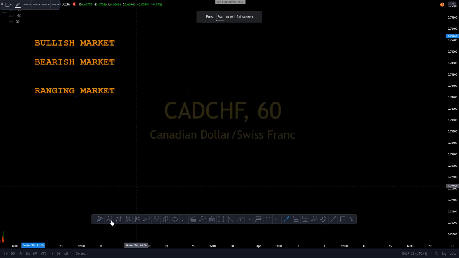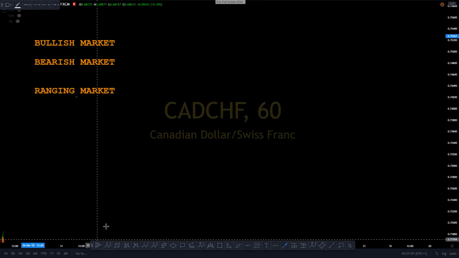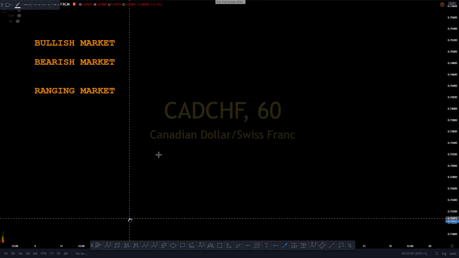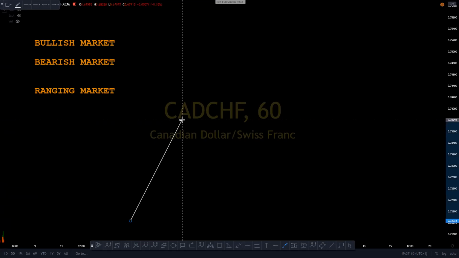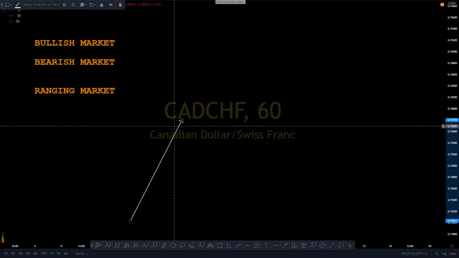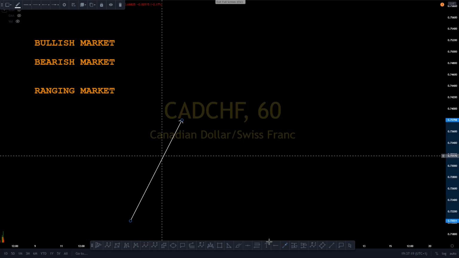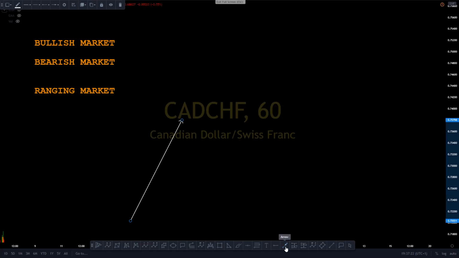Once you see an impulse to the upside like this, a sharp impulse, that means the market is bullish, because the movement is so straight and sharp, and it's not consolidating. So it shows there is more momentum, more move to the upside than the downside.